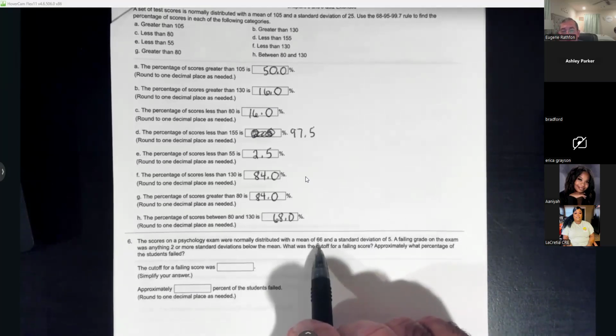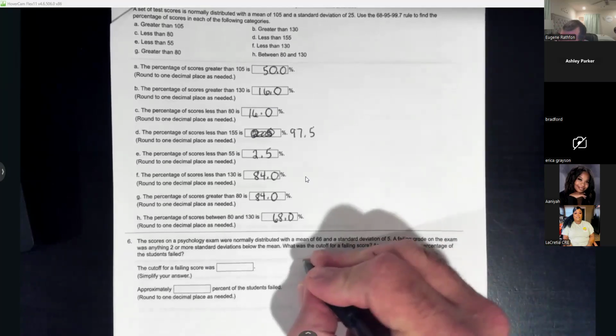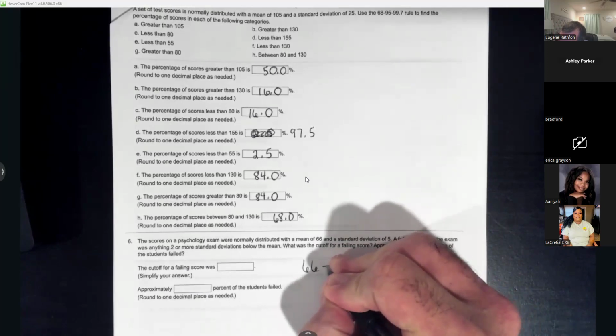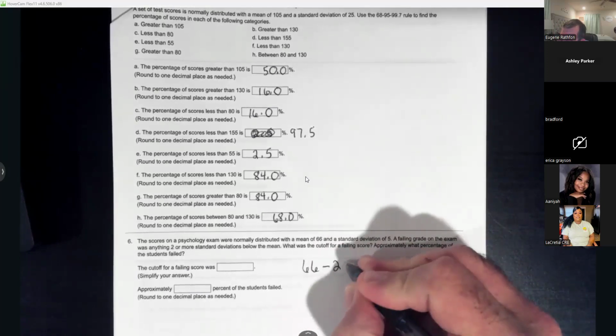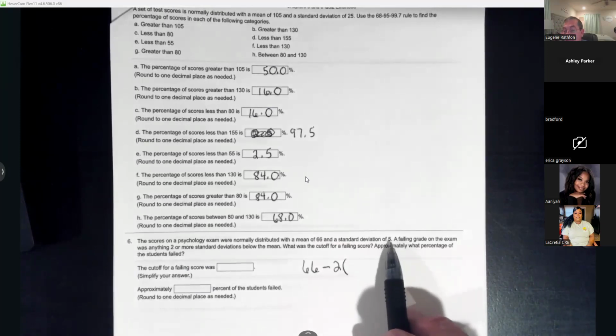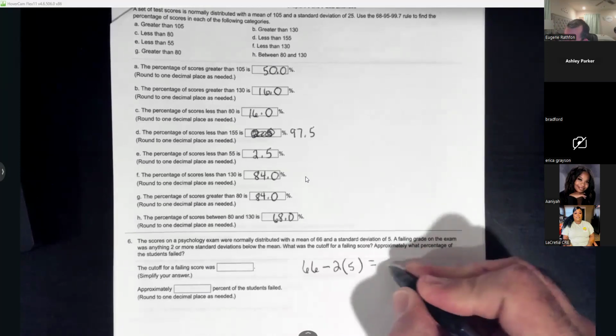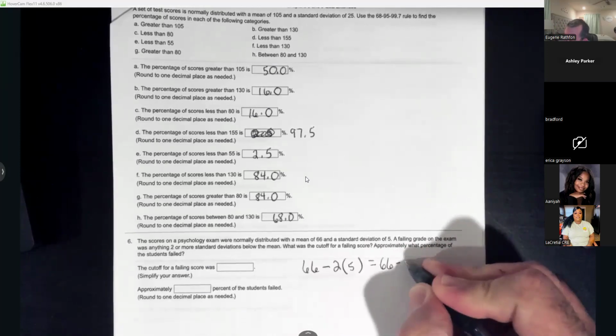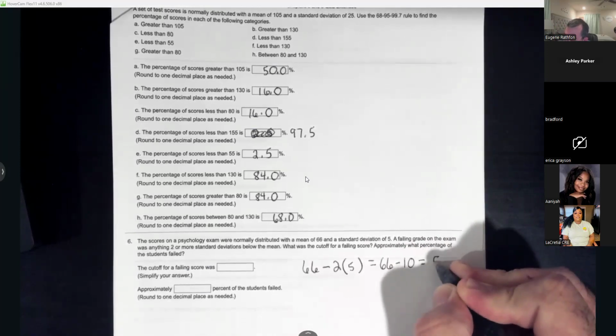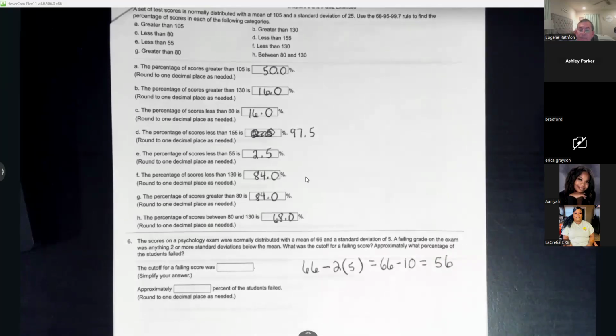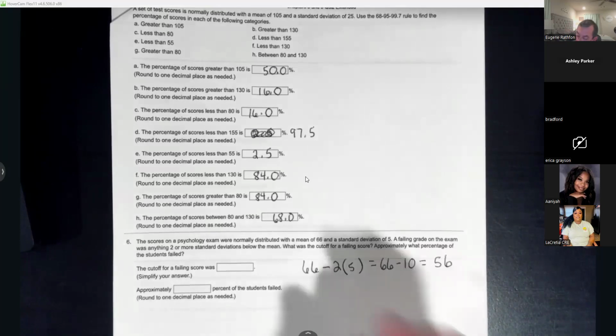So for a failing score, you would take your mean of 66 and minus 2 standard deviations. Well, that's 2 times 5, since that's your standard deviation. So, y'all, that'd be 66 minus 10, which would be 56. So the cutoff for a failing score would be 56.